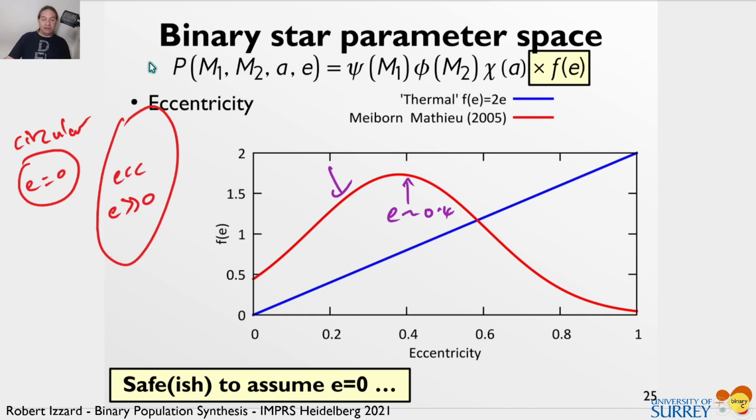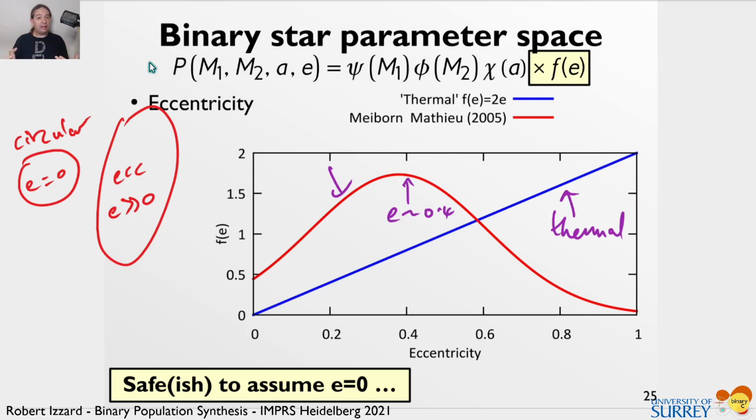A typical distribution used in models is called the thermal distribution. It's a theoretical distribution based on, I think, equipartition of energy or something like that. It's a long time since I've studied that. It's also used sometimes, particularly in globular clusters. Sometimes it appears like that, but I don't think it has an observational justification, really. It's very difficult to say.